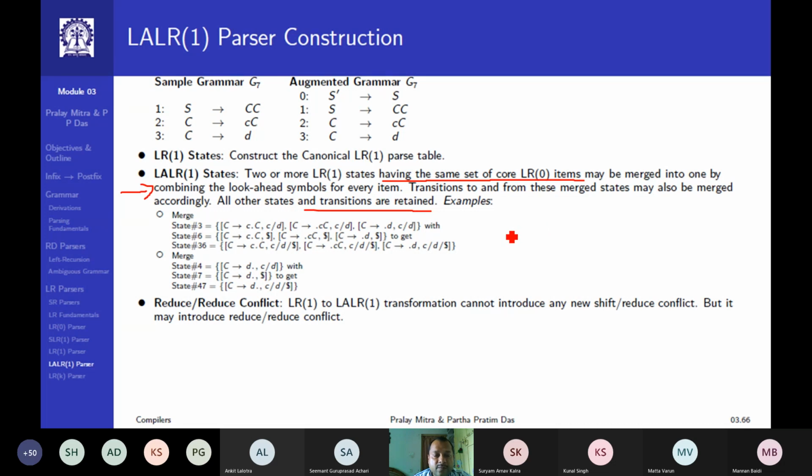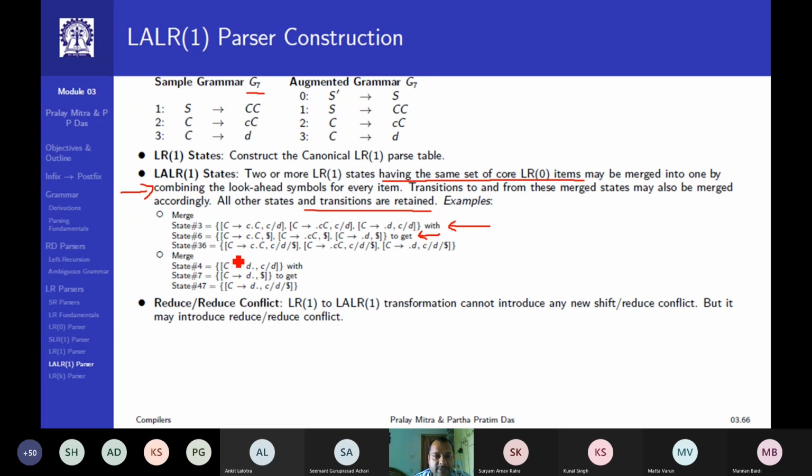That way, for that previous example of LR1, which is following this G7 grammar, state 3 and 6 can be merged and state 4 and 7 can be merged. So here it is written in state 3 item, you can see what the item was. The LR0 was the same, the lookahead was C or D. State 6, LR0 was the same as state 3, lookahead was dollar.